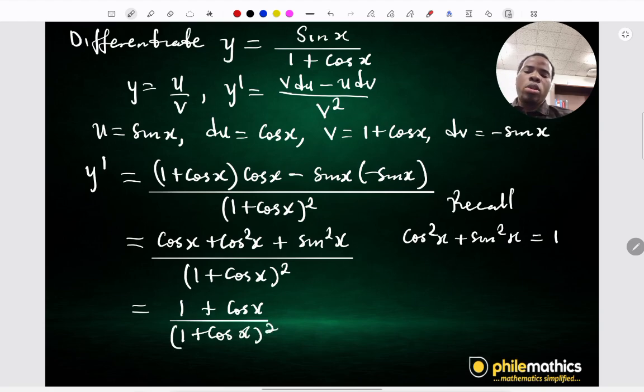So the 1 plus cos x will divide one of the 1 plus cos x at the denominator. This will leave us with 1 over 1 plus cos x. This is our final answer.